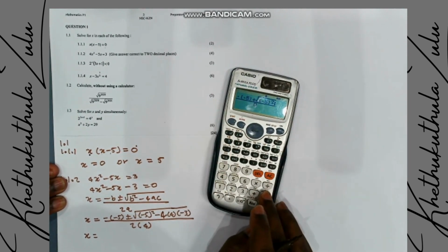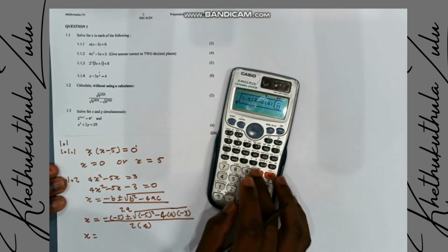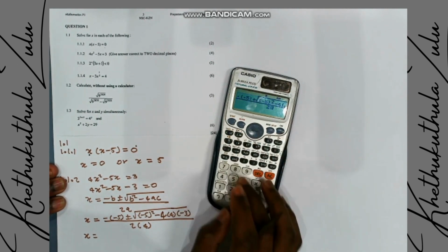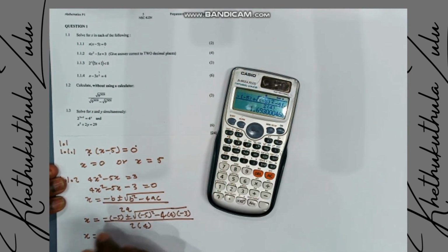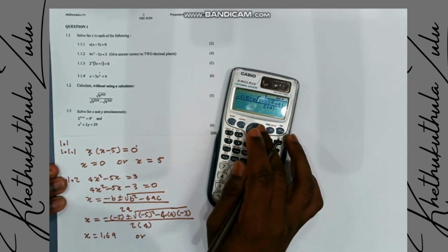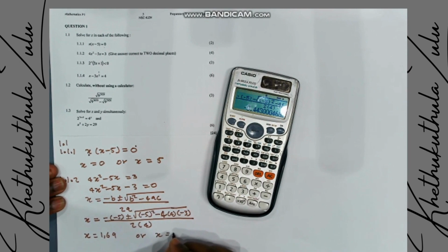It's very important. For 2 decimal places, I get 1.69, or change the sign here to minus, then x is equal to negative 0.44. Then we are done.